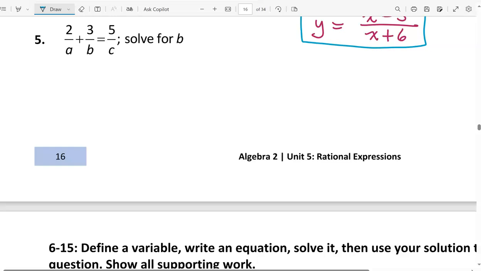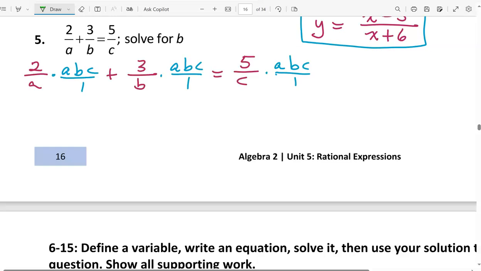In number 5, we'll begin by clearing the fractions or multiplying through by the least common denominator, which is a times b times c. Canceling common factors in each multiplication, we are left with 2bc plus 3ac equals 5ab.